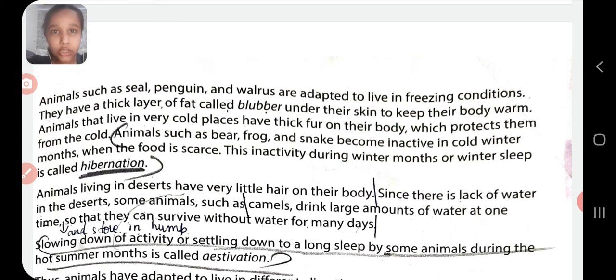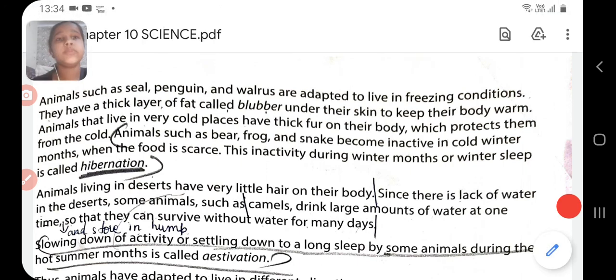This inactivity during the winter months, or winter sleep, is called hibernation. What is hibernation? Bear, frog, snake, these all become inactive during the winter season, and they are not getting food also.